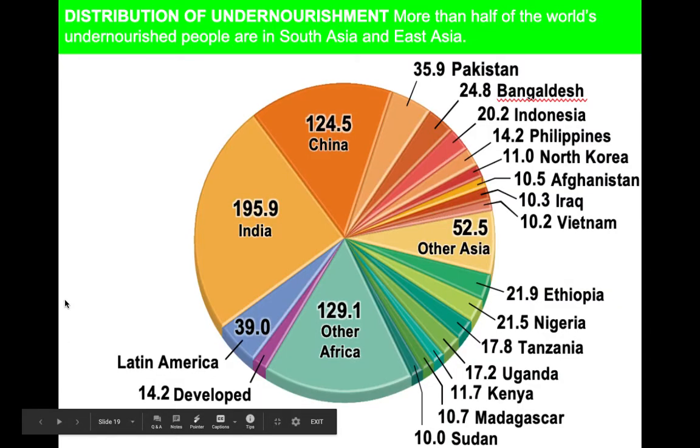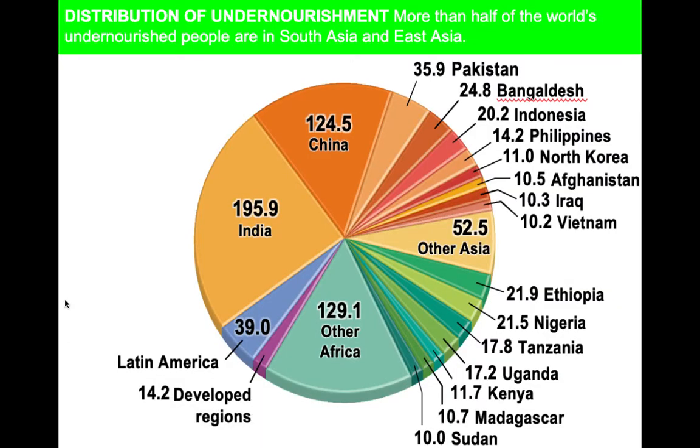All right, and this shows the distribution in the pie chart of undernourishment. So we can see India and China are the two largest countries. China's shown the fastest decline. We can see the region that has the most is sub-Saharan Africa. And then we can see other regions outside of sub-Saharan Africa, like Iraq and Southwest Asia, or the Philippines, Indonesia, Bangladesh, and Vietnam, Southeast Asia.